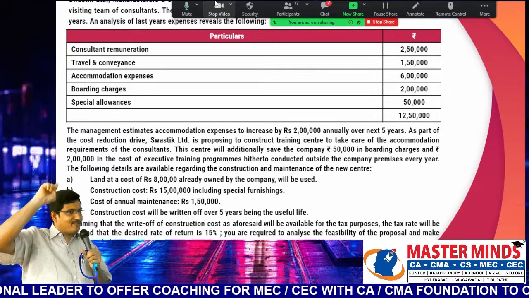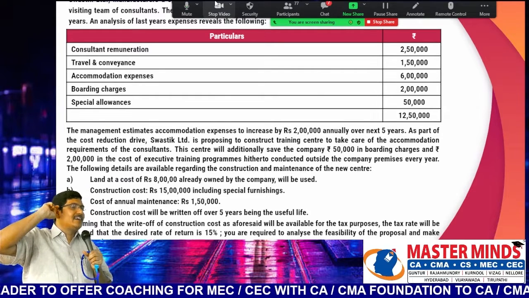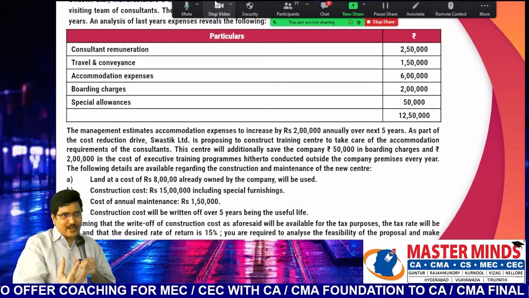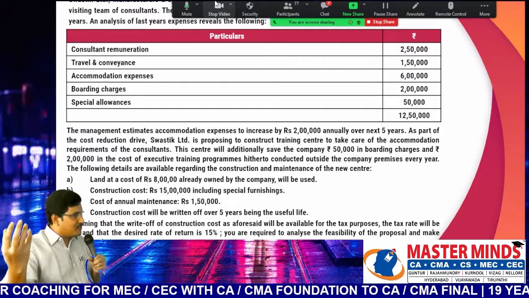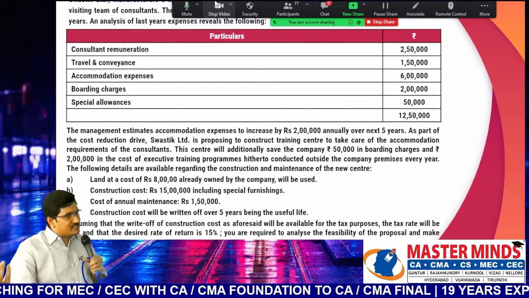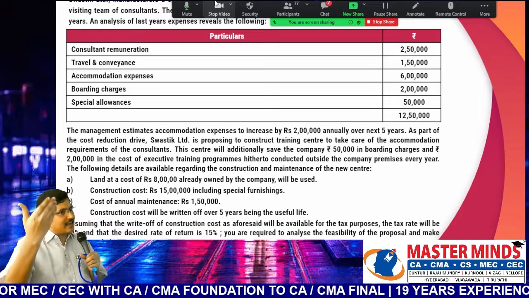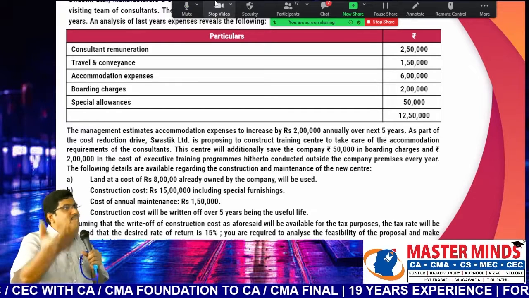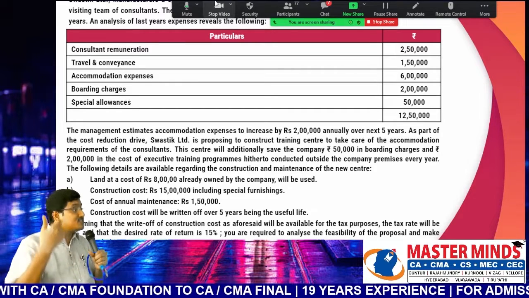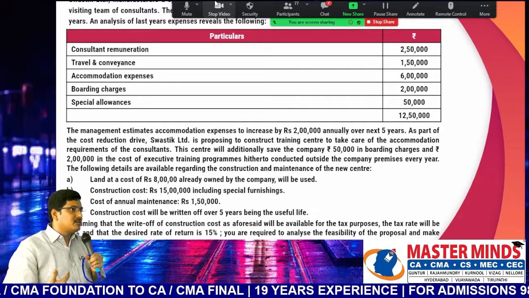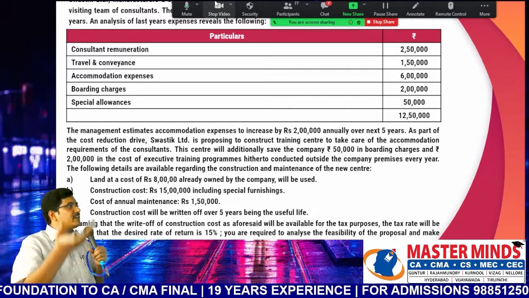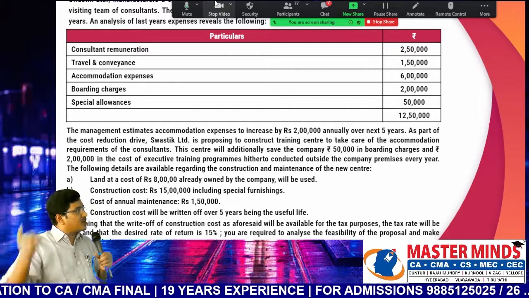Terminal cash inflows. Why? Definitely there will be some book value and there will be some realizable value. Whatever the difference is, either you need to pay capital gains tax or you will get a capital gains tax shield. Have you understood? Either we need to pay tax or we will get some tax shield. We need to consider all those things.